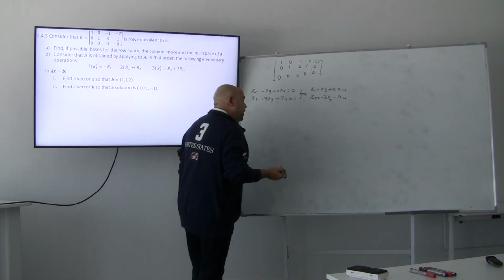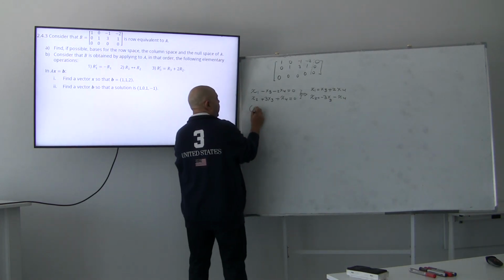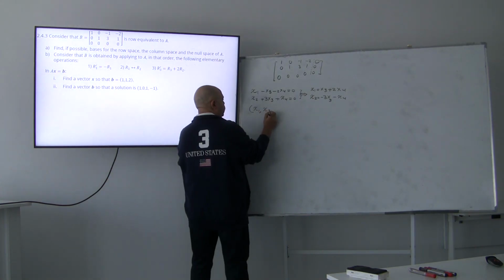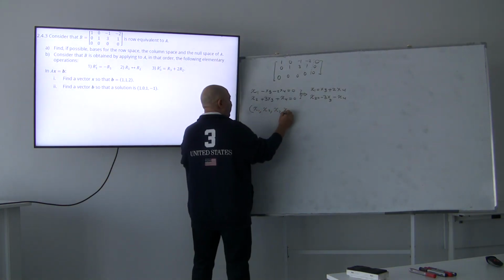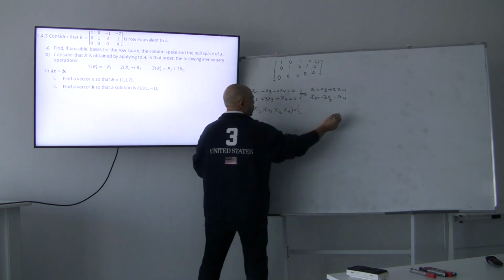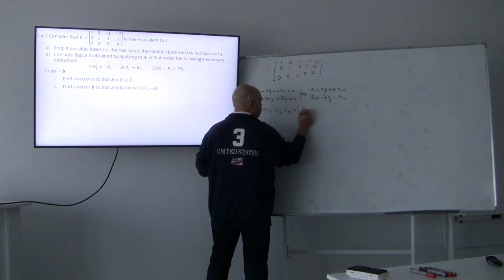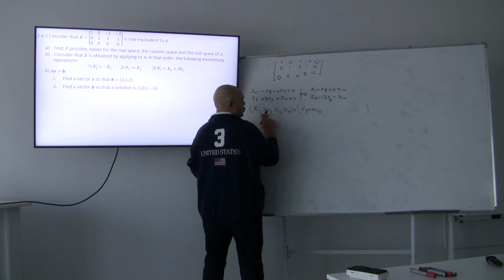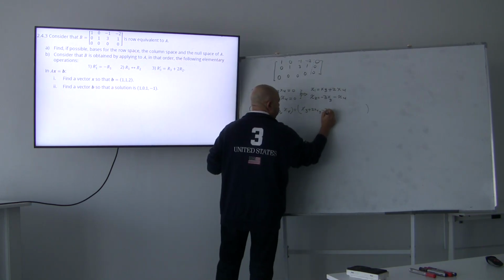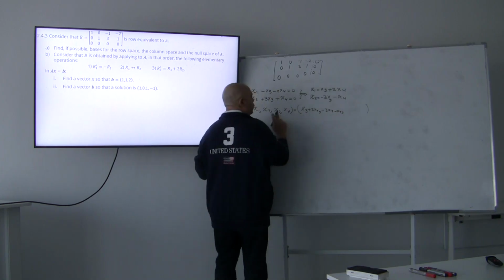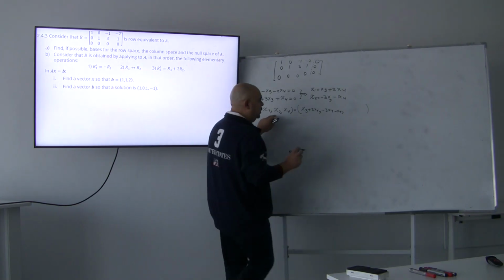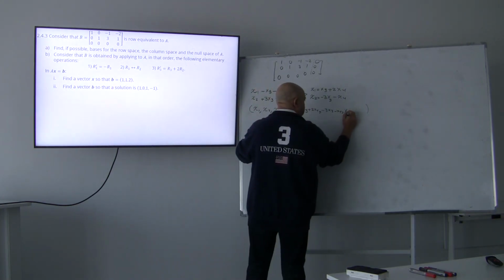And simply, now we can write the solution as x1, x2, x3, and x4. Instead of x1, I will have x3 plus 2 x4. And x2 can be replaced by negative 3 x3 minus x4. For the third component, I have x3 plus 0 x4.